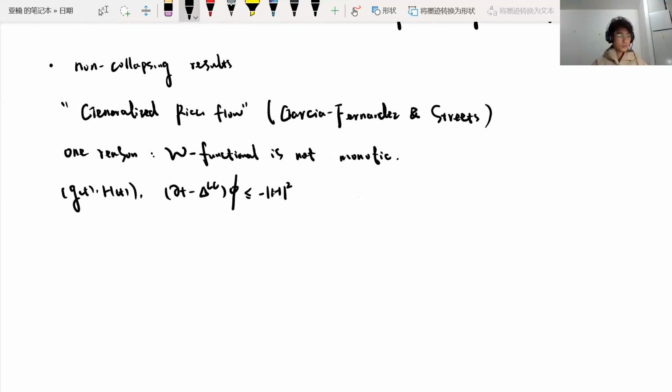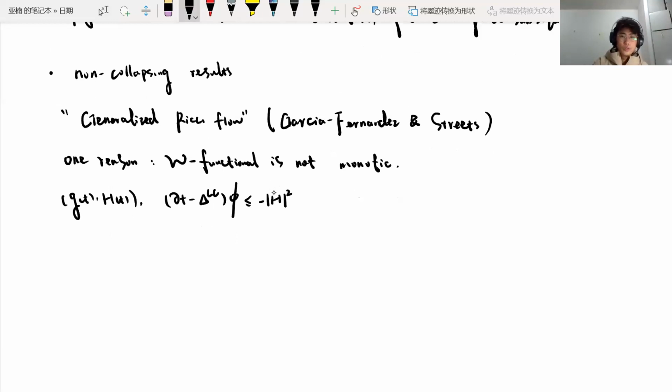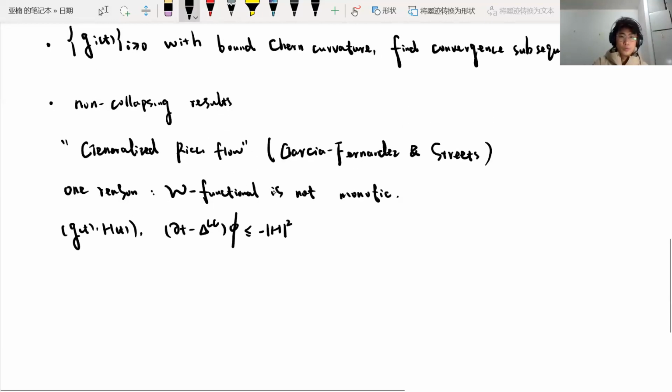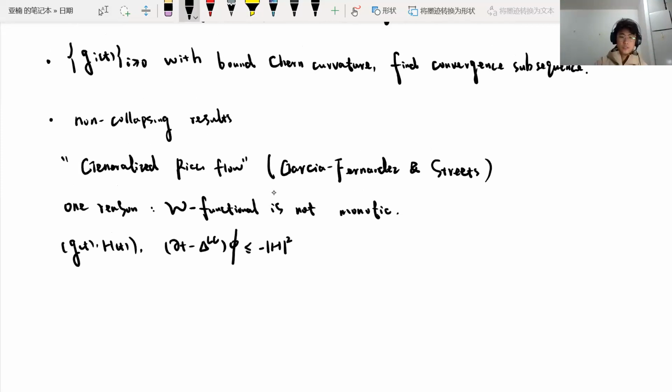Maybe this condition seems a little strange in the geometric setting, but it is natural from the analysis. And actually, if we recall the relationship between Chern-Ricci flow and the generalized Ricci flow, we can find that in some special cases this condition is very natural, and we can find many cases that satisfy it.